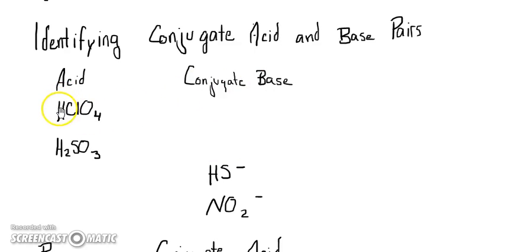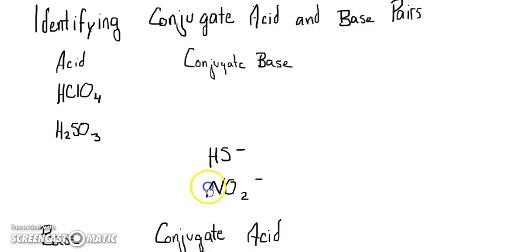For HClO4, its conjugate base would be ClO4-, and for H2SO3, we know that our conjugate base would be HSO3-. Going the other way, we have HS- for our conjugate base, and we know that bases always accept the H+, so this would become H2S, and NO2- would become HNO2.